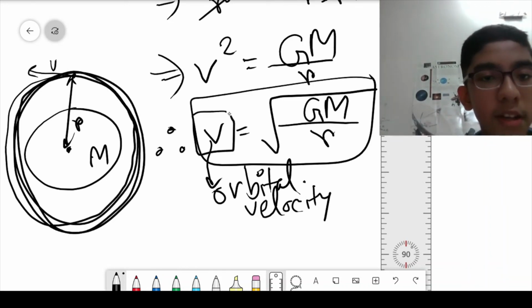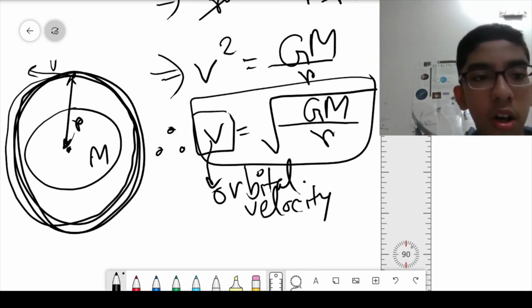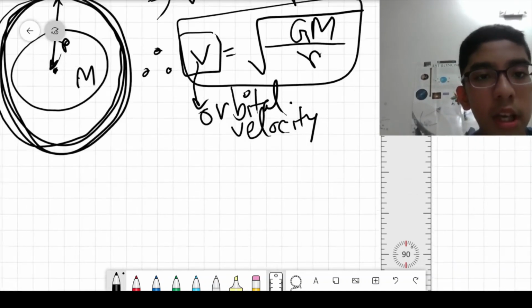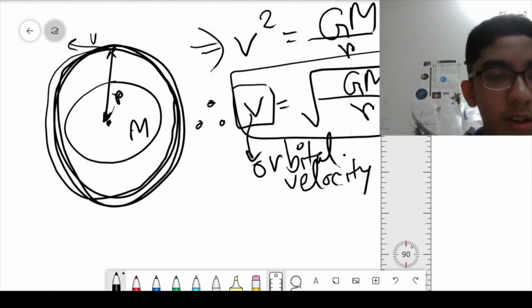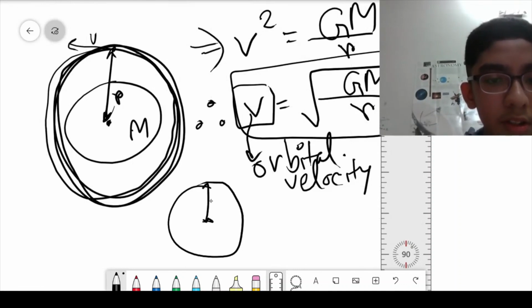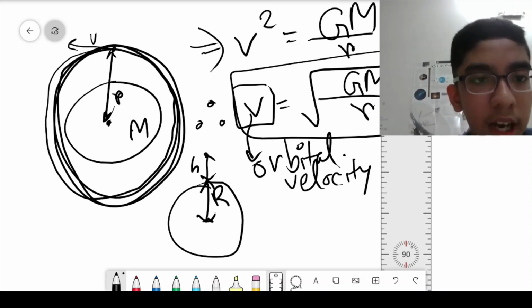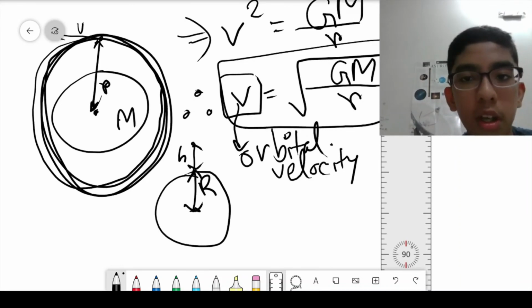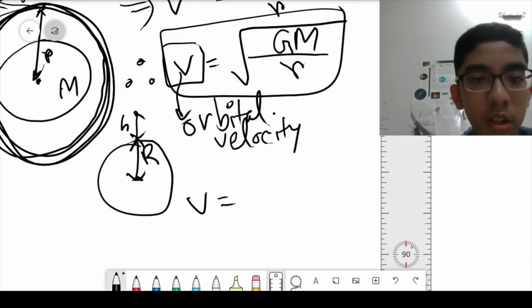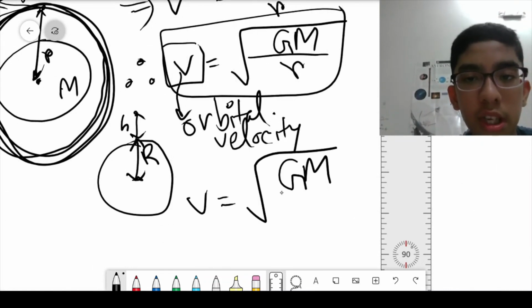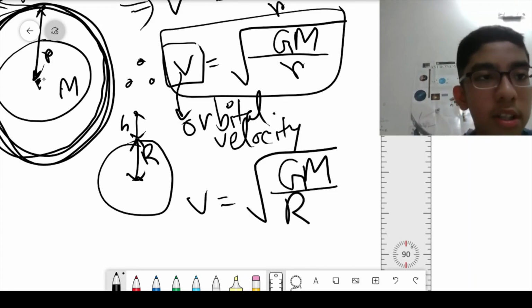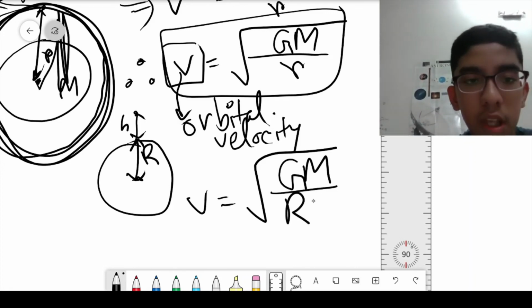So there is a specific orbital velocity at every r from the center of the planet with mass M. And one thing to note here, if you consider this one as the radius of the planet, and this separately as the height of that object, you have to include that v will equal the square root of GM over this whole distance from the center to that object. So that will be r plus h.